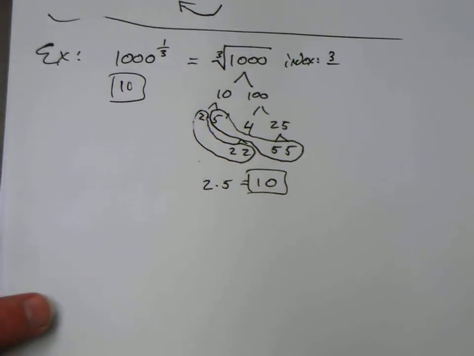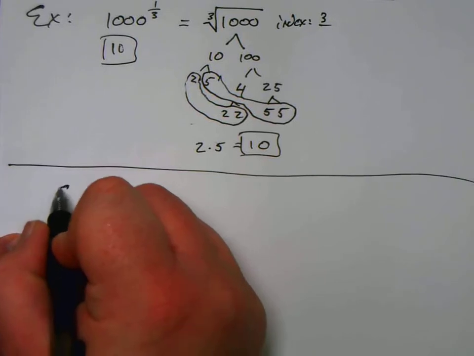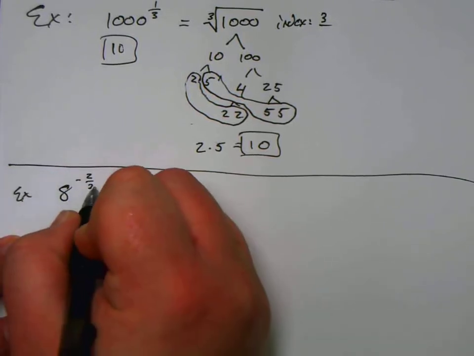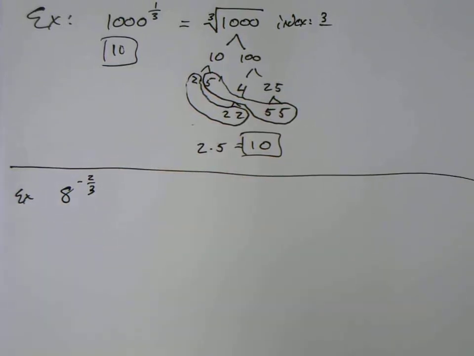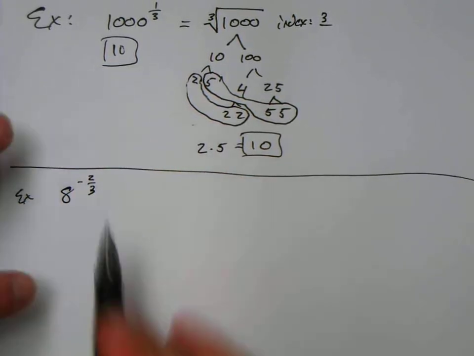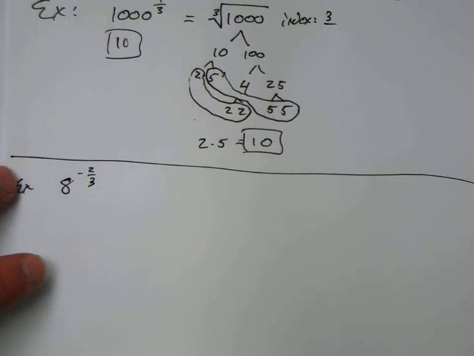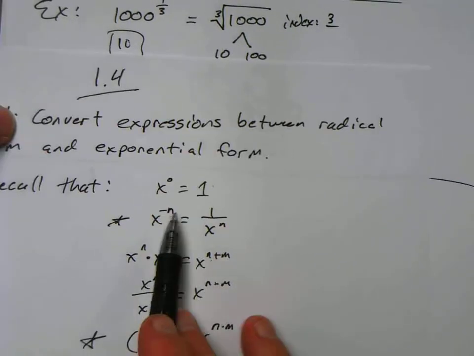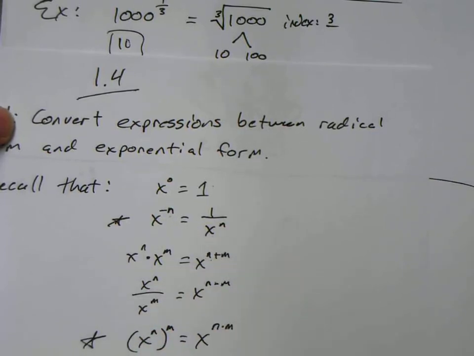Okay. Let's take another look at another example. Let's go with 8 raised to the negative 2/3 power. What happens if I have 8 raised to the negative 2/3 power? Well, I want to handle that negative exponent first. And remember what we saw in 1.4: when I have a negative exponent, it goes to the other side of the fraction and becomes positive.